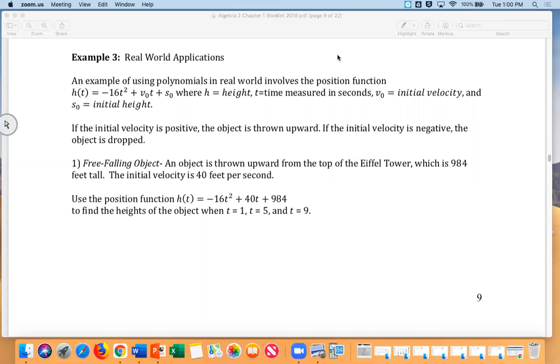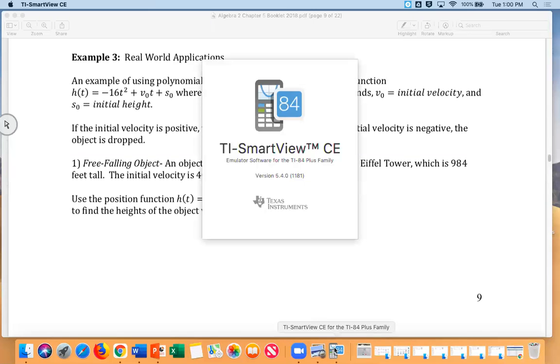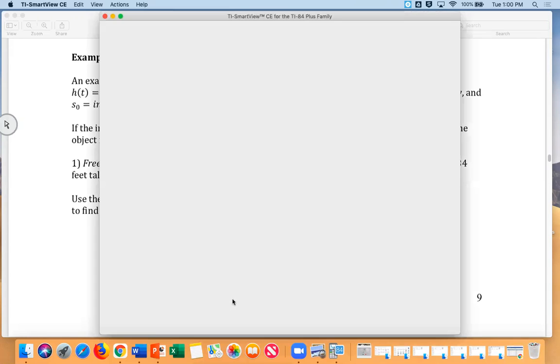Then we're not going to hit graph, but we're going to hit second graph, which brings up the table. You're going to have this table, and it's going to have a bunch of numbers on it. We can use that table to determine what the value of my function is.